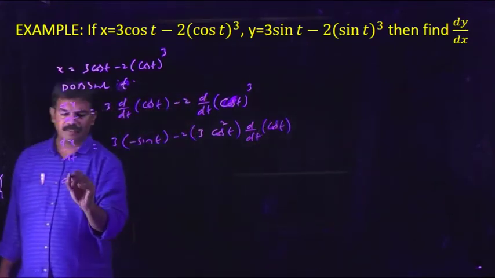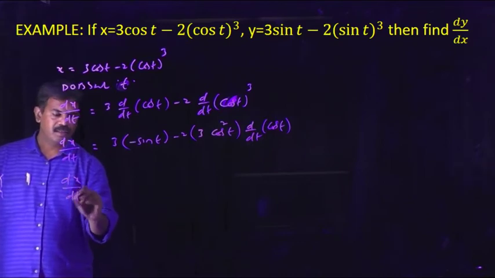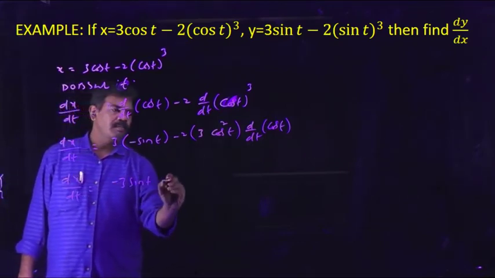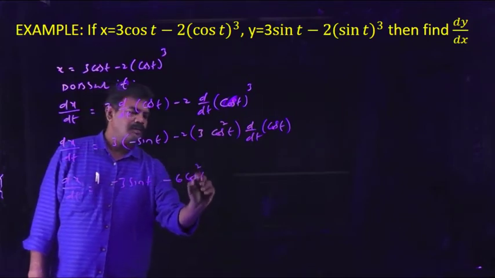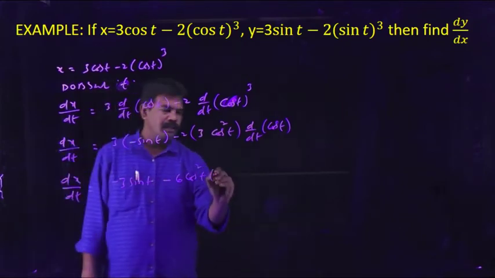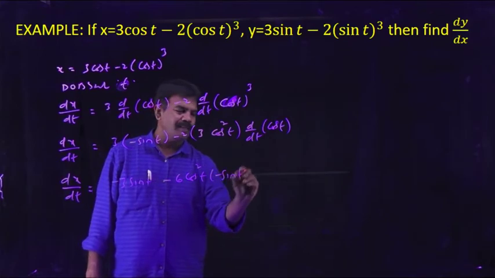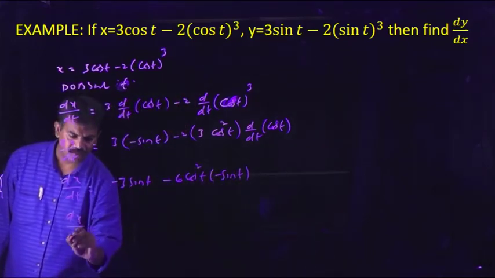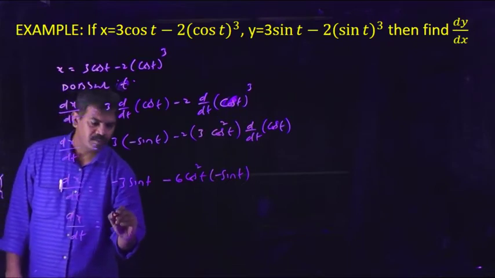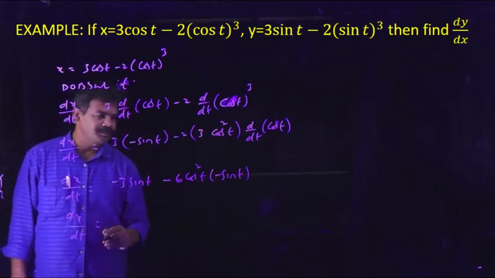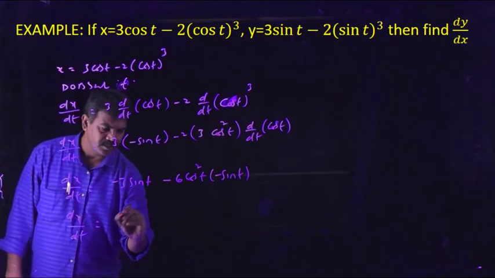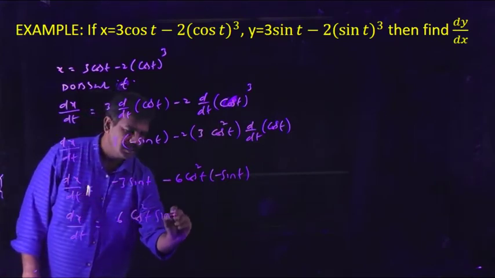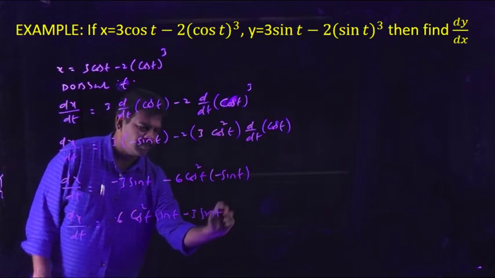That is dx by dt is equal to minus 3 sin t minus 6 into cos square t into derivative of cos t, which is minus sin t. That is dx by dt is equal to minus into minus plus 6 cos square t sin t minus 3 sin t.